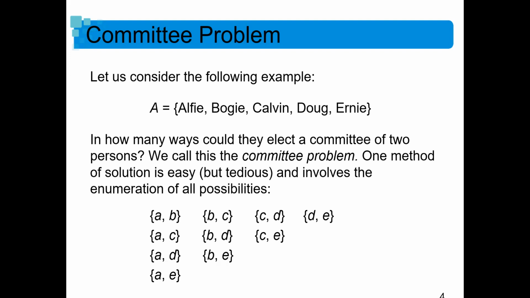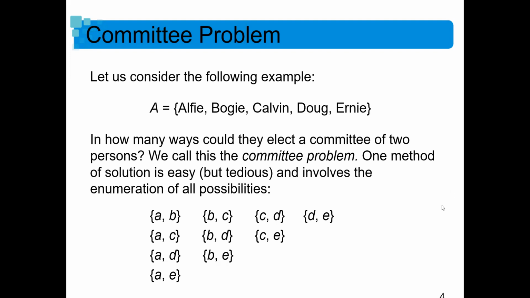For example, we included AB, but we no longer included BA, because AB is just equal to BA since the order does not matter.